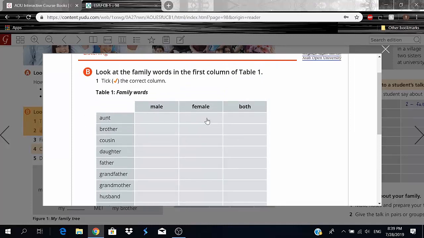So number 1 is obviously aunt, and when I'm talking about an aunt, obviously female, you guys, okay? Male would be uncle. Brother is obviously male. Cousin can be used for both. So if I'm referring to my cousin, I have to specify more. Is she female? Is he male?